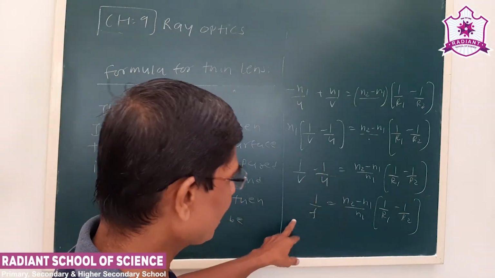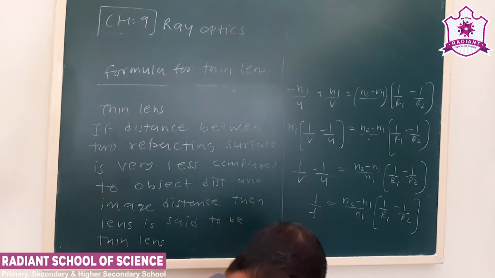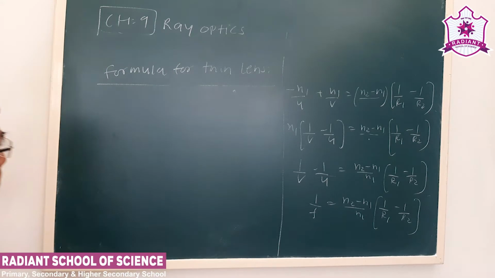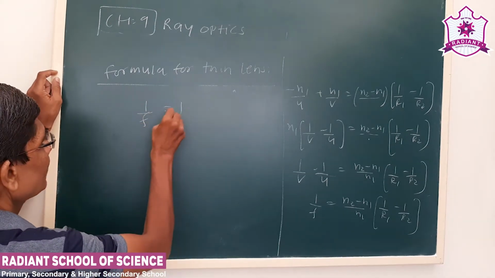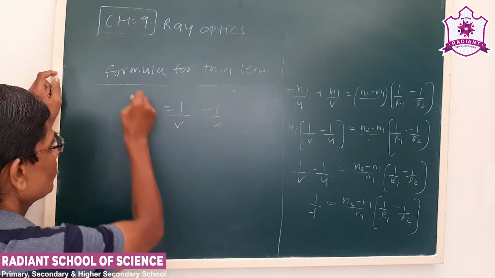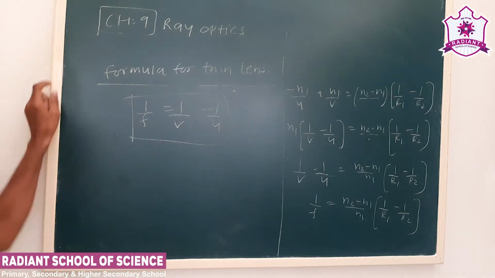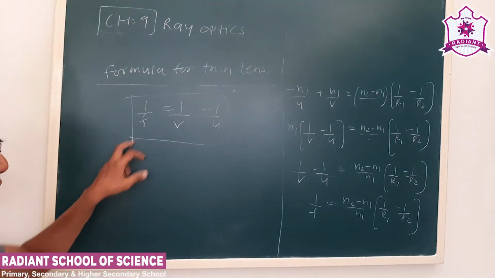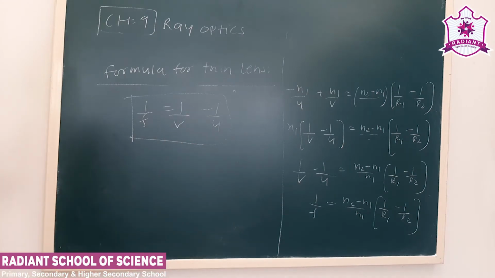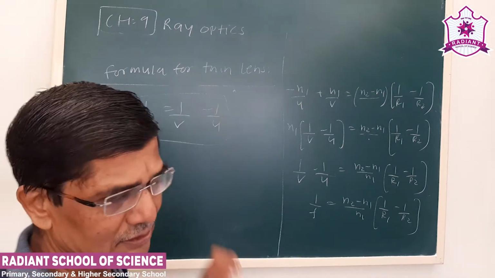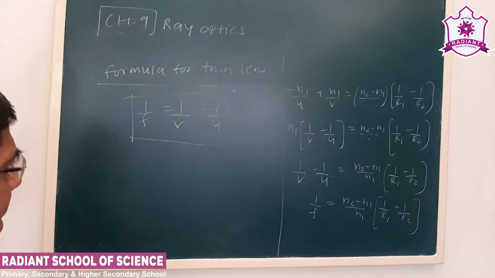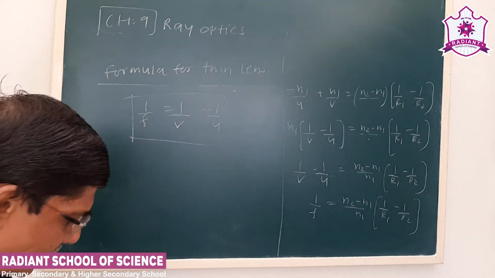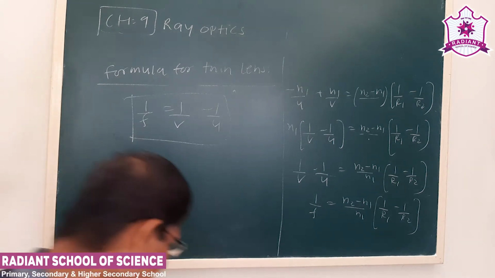So the equation for the thin lens will become 1 upon f is 1 upon v minus 1 upon u. Okay, this is the equation for the thin lens. Now see, the mirror formula we have seen is 1 upon f is equal to 1 upon v plus 1 upon u, whereas for the thin lens the equation will become 1 upon f is 1 upon v minus 1 upon u. Now this is a very important equation.